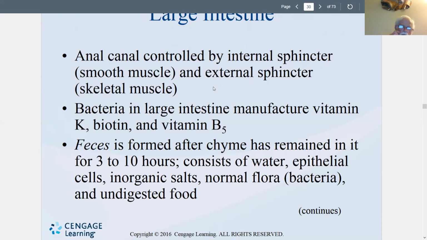Feces is formed after the chyme has remained in the large intestine for 3 to 10 hours. It consists of water and epithelial cells, salts, bacteria, and undigested food.